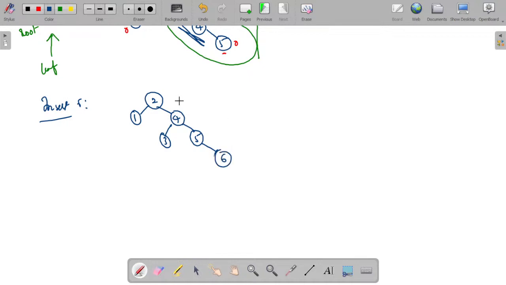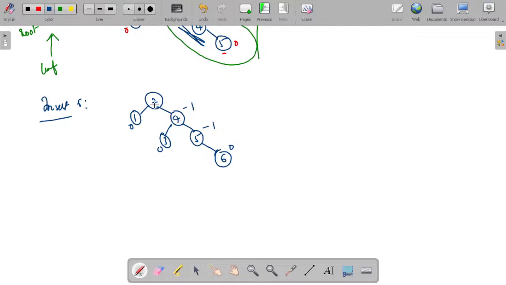First we should calculate the balance factors. 0 for leaf nodes obviously, and for 5 it is going to be minus 1 because 0 in the left subtree and 1 in the right subtree, and for 4 it is going to be 1 minus 2, which is minus 1.